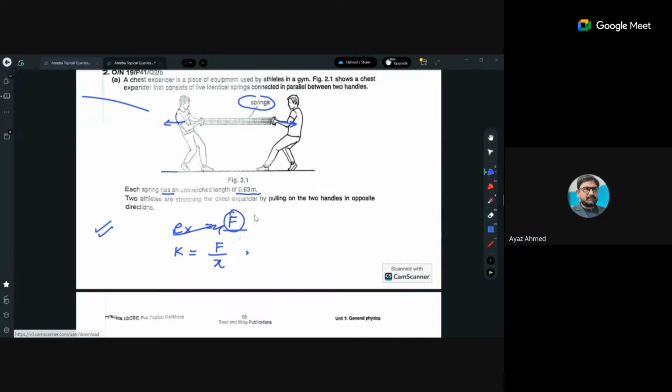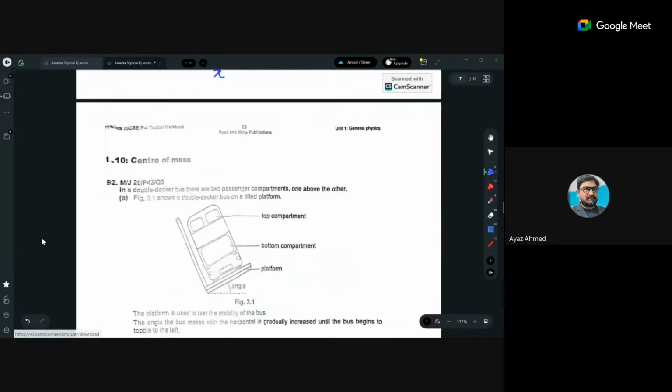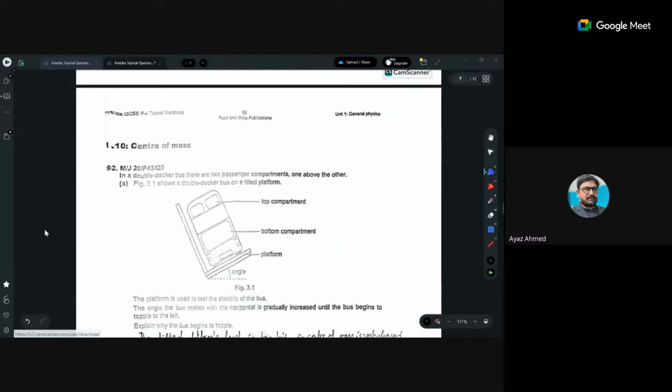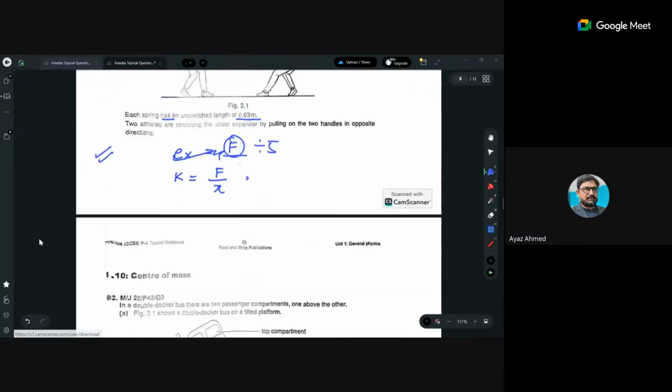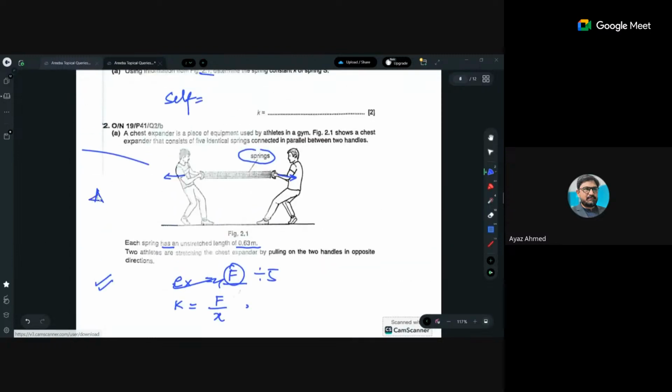The force that is applied on 5 springs, 1 2 3 4 5 springs, you will divide by that 5, okay? Then you can apply it, otherwise not. Check this question; if it is clear then fine, otherwise send it back to me, I will explain it to you.